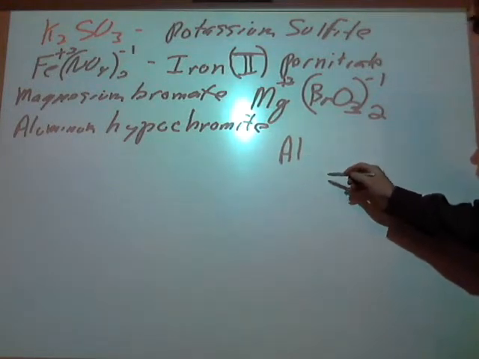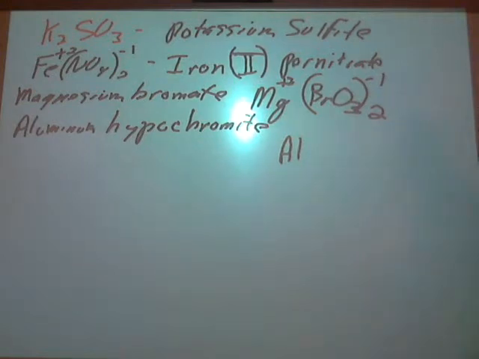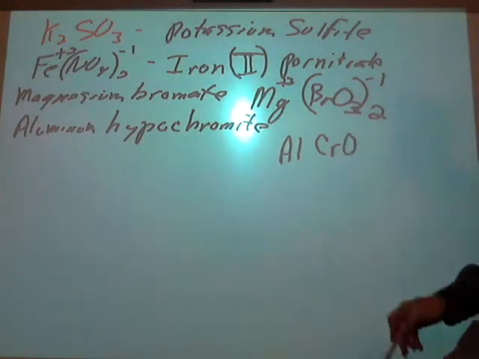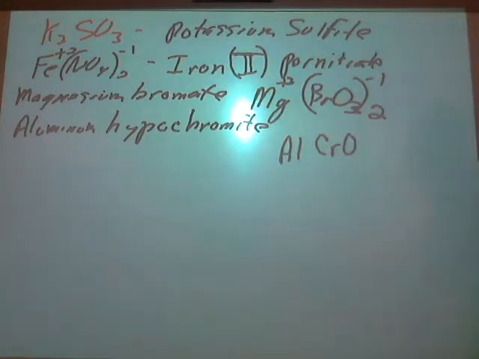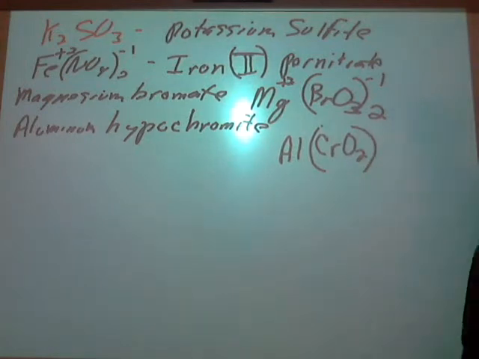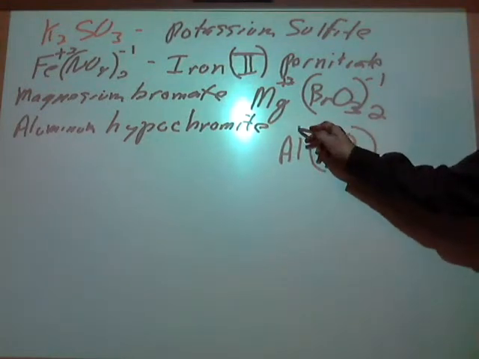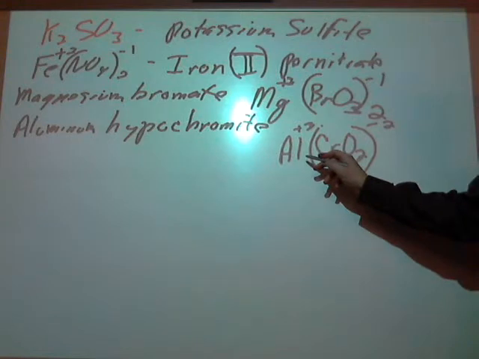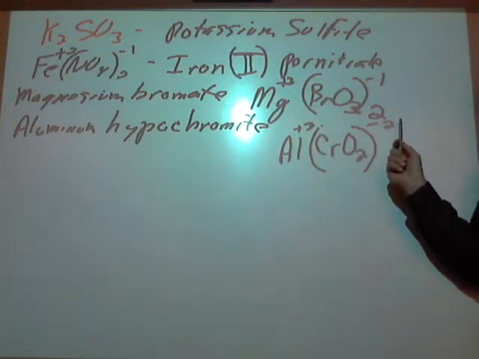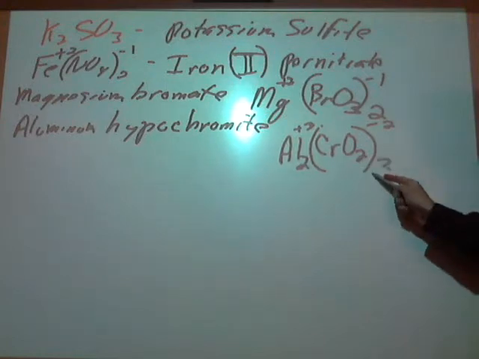Hope you all wrote Al for aluminum. I don't think anybody's going to get that wrong. Just look at the periodic table. Hypochromite, CrO what? 2, because the one on the sheet is CrO4. What else do I have to do? Charge it. +3 there, -2 there. That's a problem. Losing 3, gaining 2. I'm going to need a 2 there and a 3 there to balance them out.